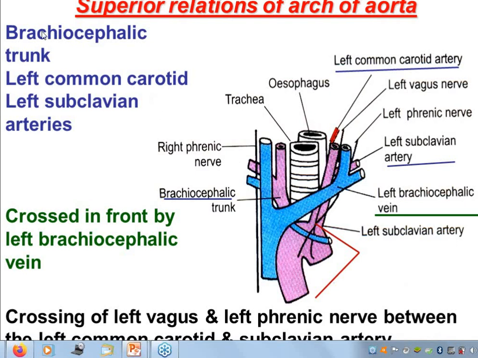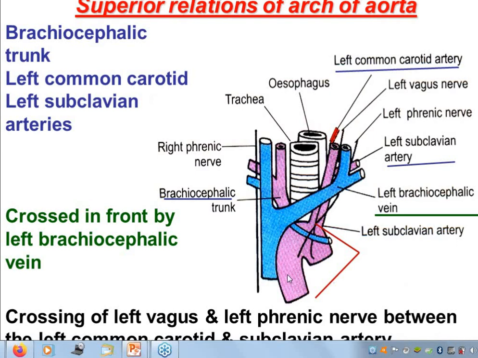So superior relations are going to be its branches: the brachiocephalic trunk, which ultimately divides into the right common carotid and right subclavian arteries, the left common carotid artery and the left subclavian artery. So three constant branches of the arch of aorta: the brachiocephalic trunk, the left common carotid, and the left subclavian.